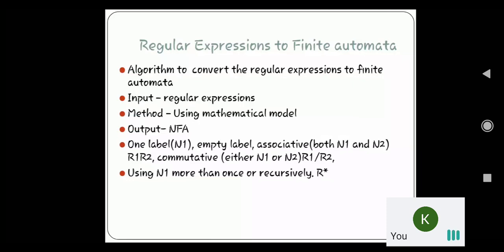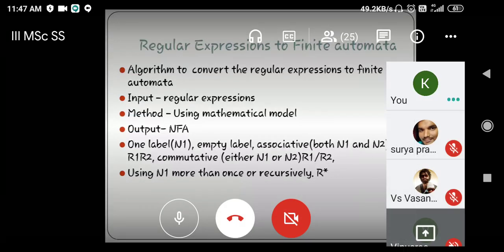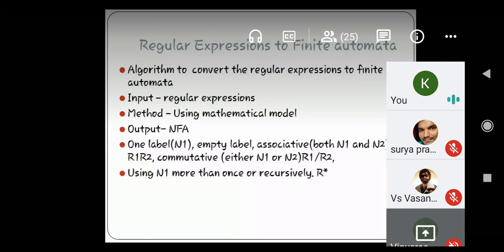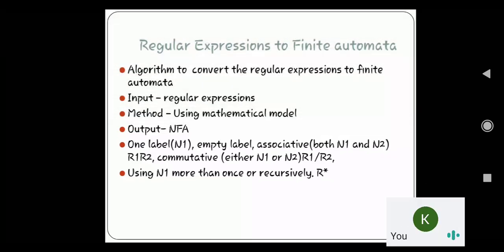So these are the five important general forms that we have in this conversion of regular expression to finite automata. For each and every general form, we have a simple diagrammatic representation.